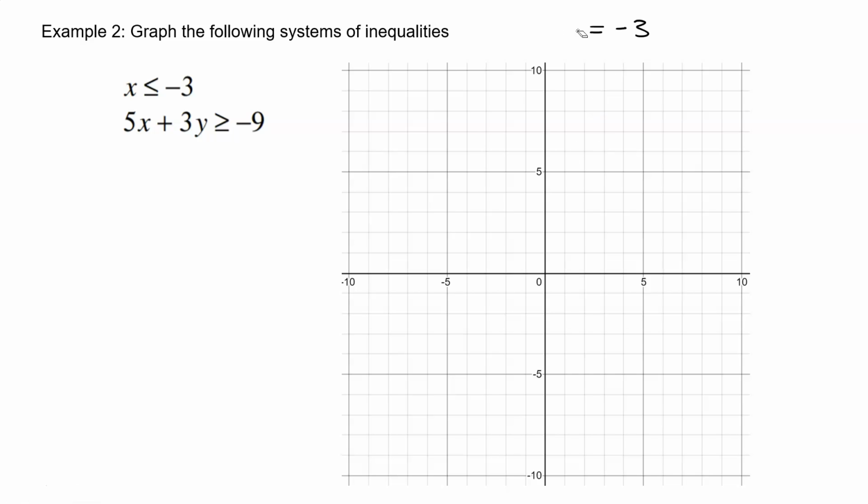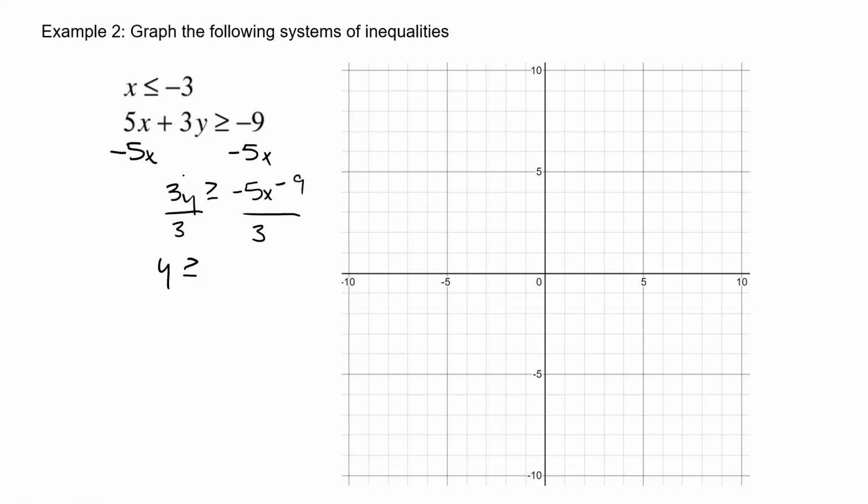But the other inequality, we can get into slope-intercept form. To do that, subtract 5x on both sides. And then divide by 3 on both sides.